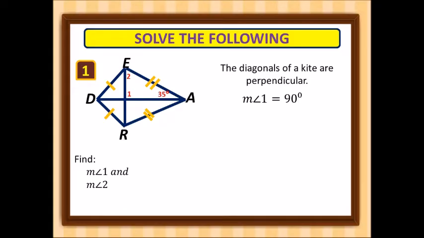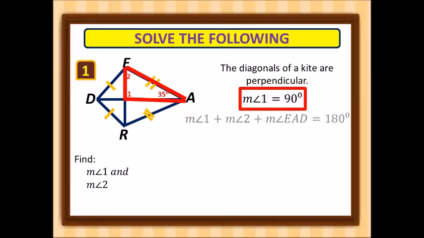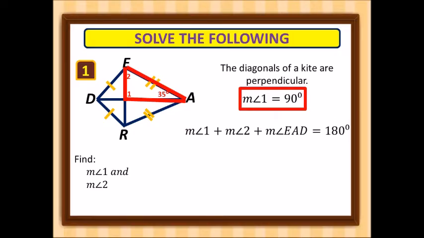On our figure, this part is forming a triangle. And we know that in a triangle, the measure of angle 1 plus the measure of angle 2 plus the measure of angle EAD is equal to 180.